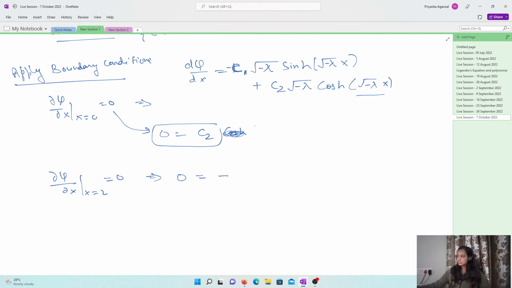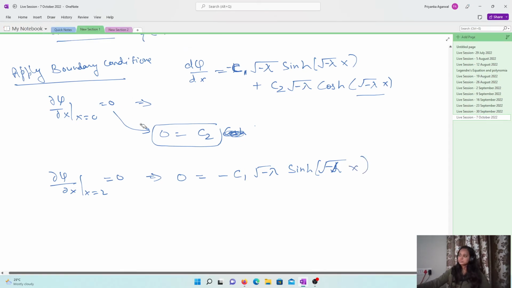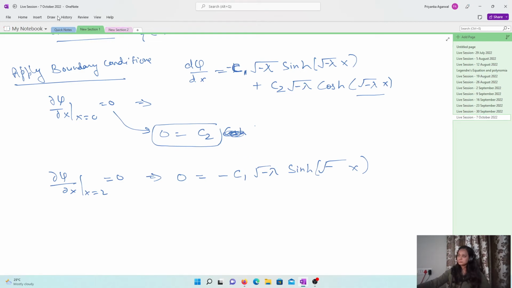Now this is minus C1 root minus lambda sinh of root minus lambda L. Right? This is what we have in the second boundary condition.